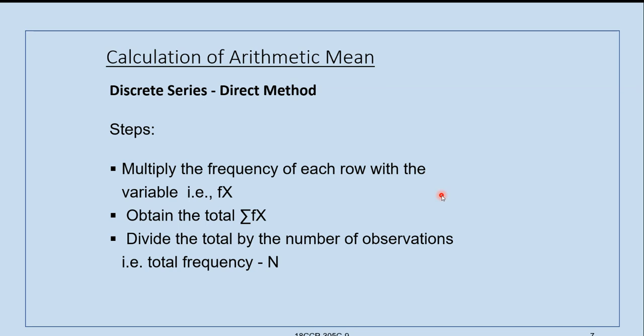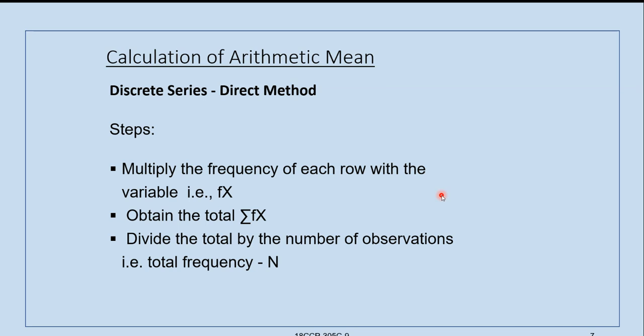And in the third column, we will take the product of f and x. That is x and f is multiplied and taken in the next column, third column.